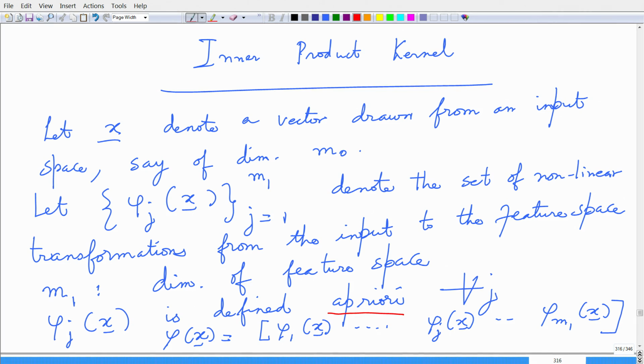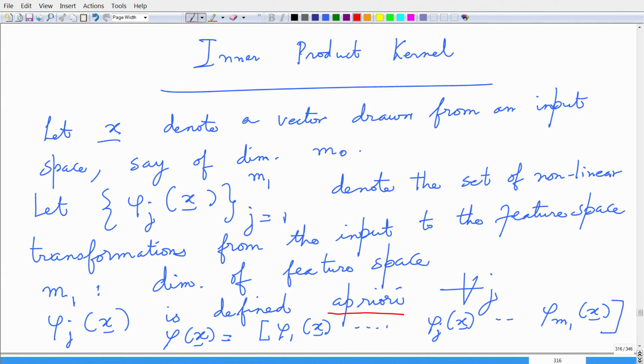But in more abstract terms, you can imagine that I have a transformation and phi of x is basically a vector in m1 dimensional space with coordinates phi 1 of x so on till phi m1 of x, and each coordinate can be a function of this vector x, right, and it is a scalar quantity.